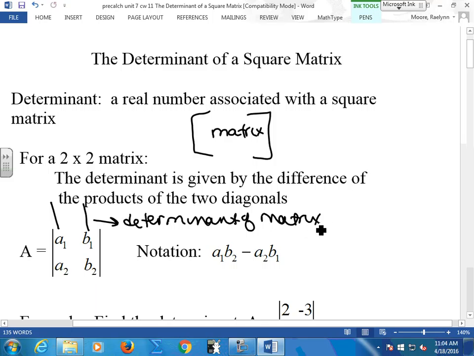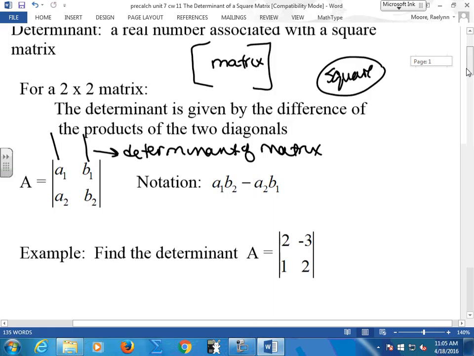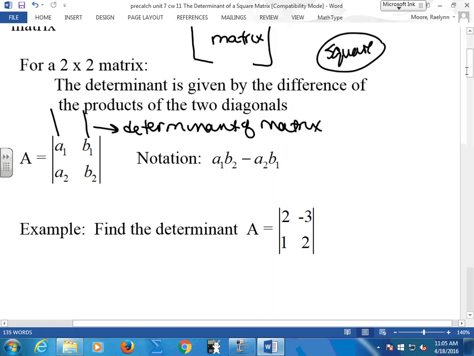I still put it in as a matrix, but when I go to calc, I do a DET. I do a determinant. Now, what we ask you to do is to be able to do one determinant, a 2 by 2. Again, it has to be square. And all we ask you to solve by hand is a 2 by 2. The rest you're going to do in your calculator.